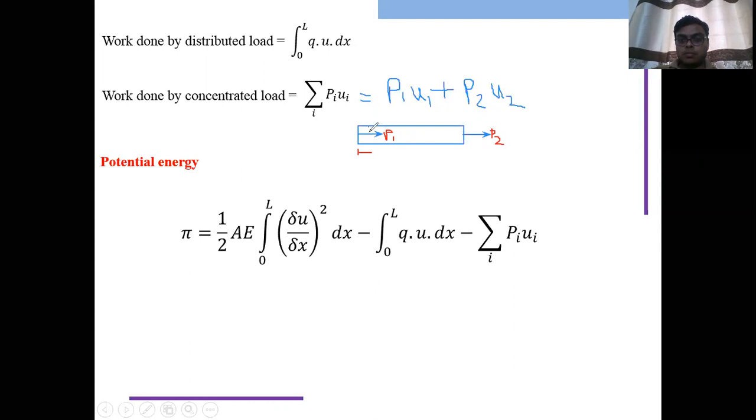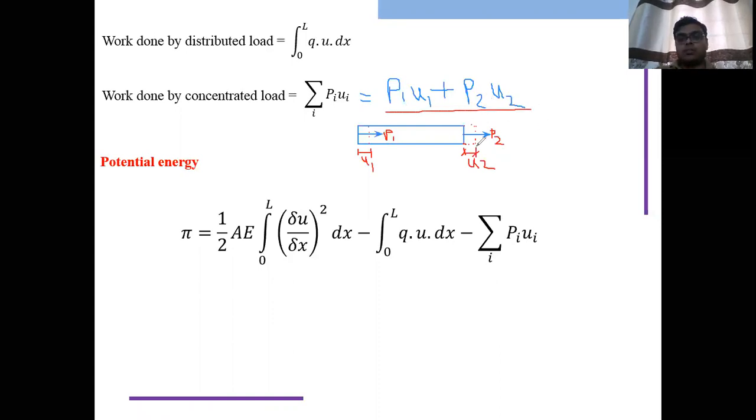For example, this point is deformed up to this length, so this is U1, corresponding to P1, meaning the deformation caused by P1. Similarly, this point is deformed up to this, so this is U2. This is the work done equation for this case.